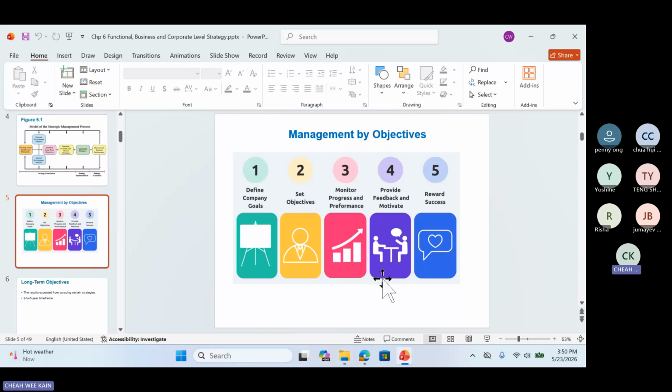Now, where is the company goals? Just now, chapter 5. That is the corporate strategy goal. Now you must set objectives by your department. Or if your company is very big, let's look at Coca-Cola worldwide. Can Coca-Cola make a corporate strategy for the headquarters? Yes, so they have a goal. They make a strategy.